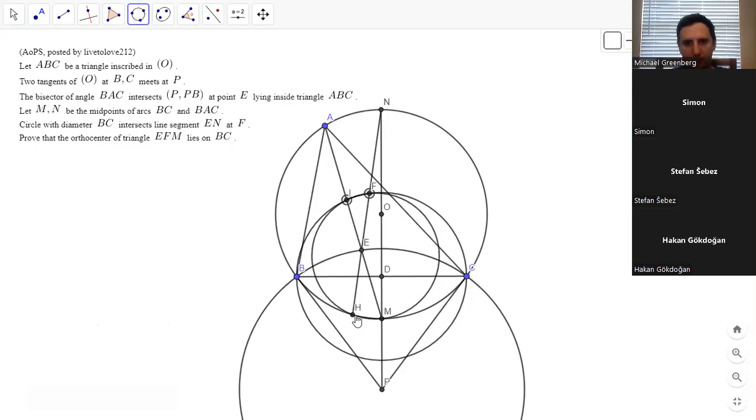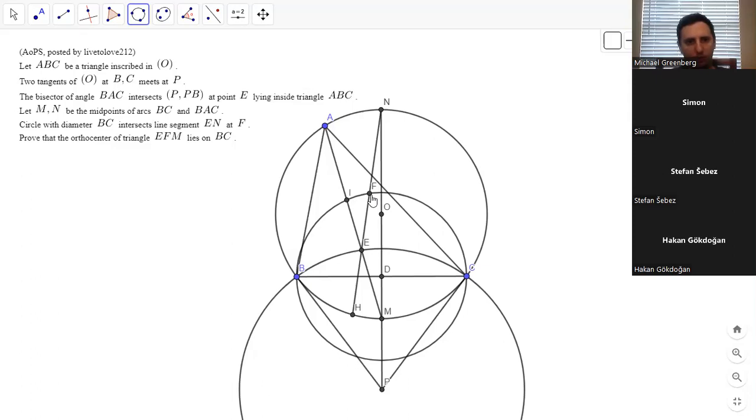Yeah, because they're both 90, right? Do we know that both those are 90? So we know FHM is 90. How did we define, do we know that FIM is 90? Can we prove that by Reim's theorem or something?